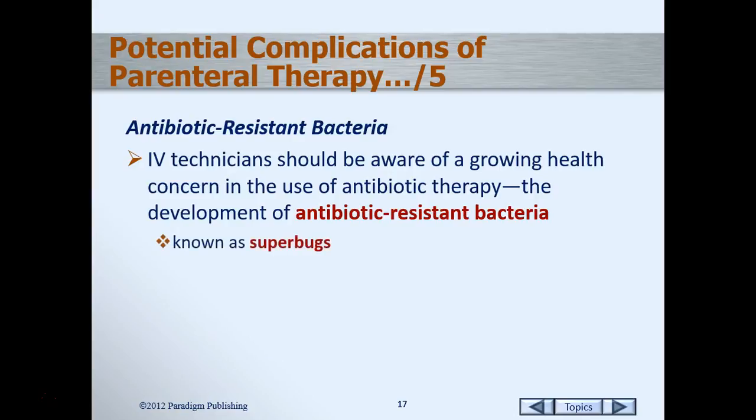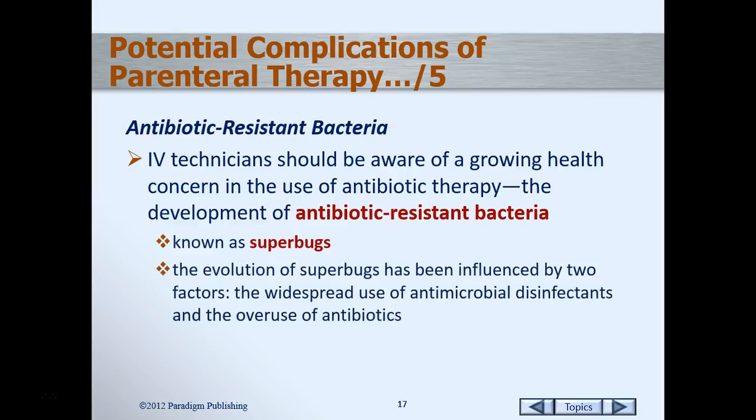This type of resistance is often referred to as a superbug, and the evolution of these superbugs is influenced by two factors. Widespread use of disinfectants, so antimicrobial soaps and hand sanitizers, which were meant primarily to be used in a hospital setting, are used commonly every day, and also overuse of antibiotics and inappropriate antibiotic use.